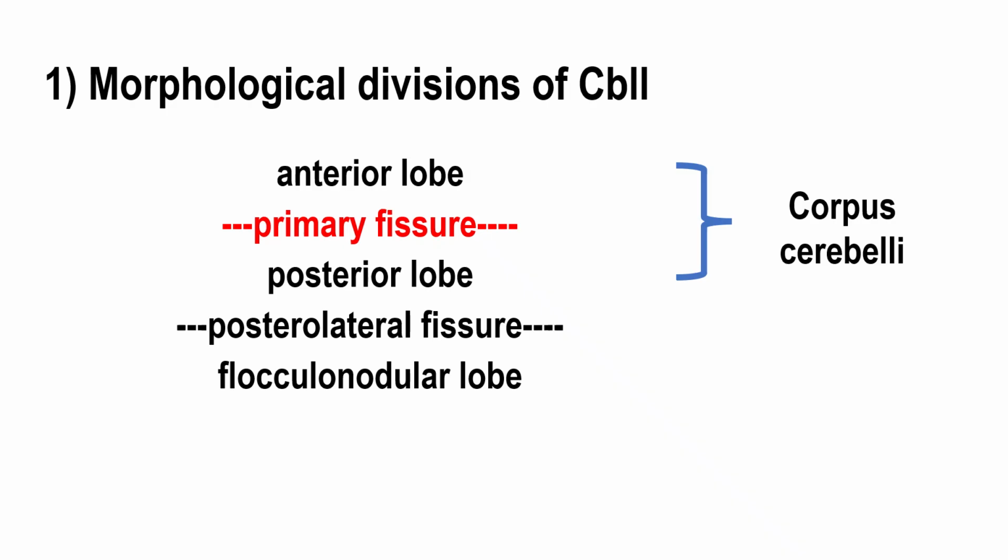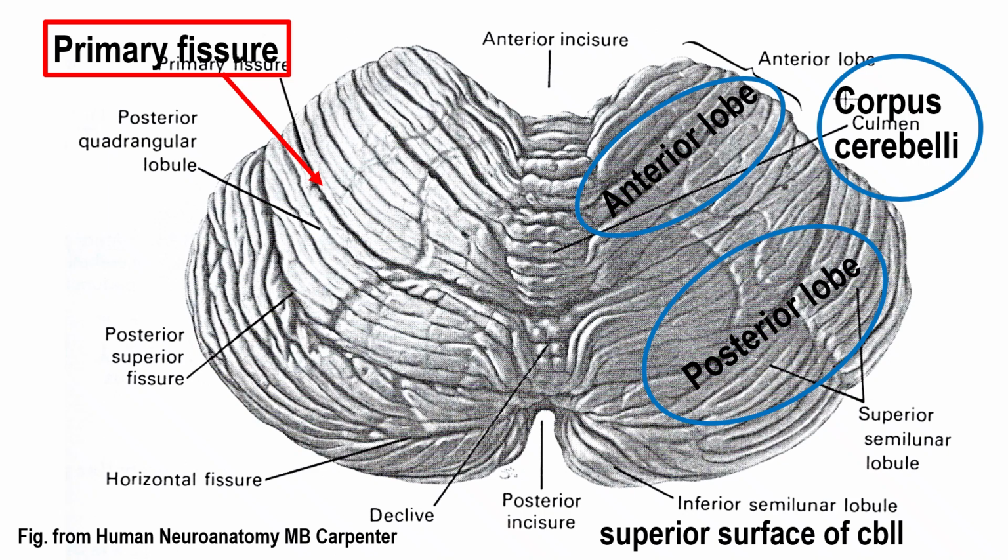The cerebellum can be divided into three lobes, that is, the anterior lobe, posterior lobe, and flocculonodular lobe, by deep and consistently occurring cerebellar fissures. The primary fissure divides the cerebellum into the anterior lobe and the posterior lobe.